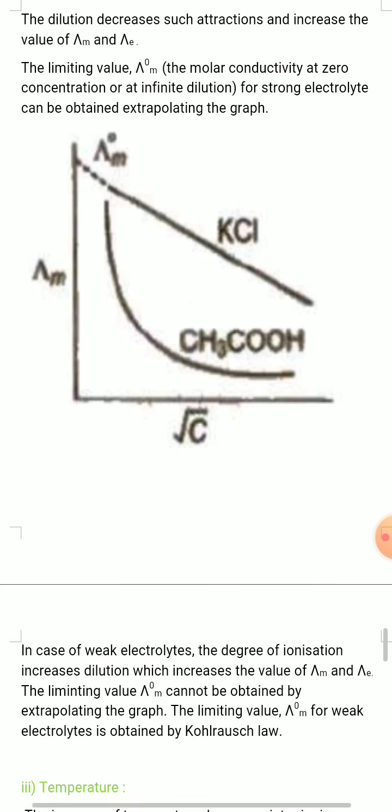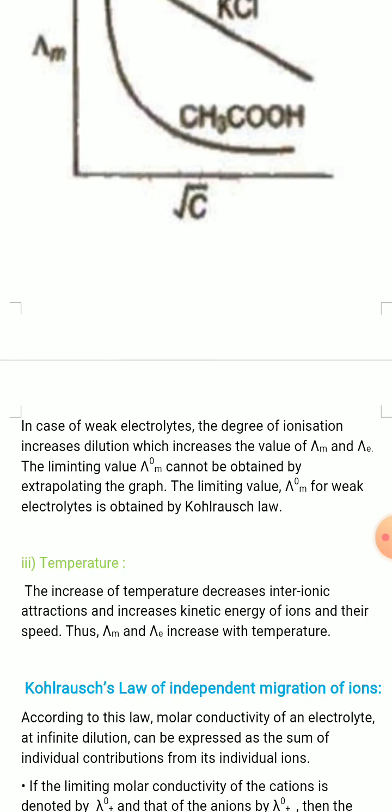But in case of a weak electrolyte, the degree of ionization increases with dilution, which increases the value of lambda m and lambda e, and the limiting value of lambda m, that is conductivity at infinite dilution or zero concentration, cannot be obtained by extrapolating the graph.